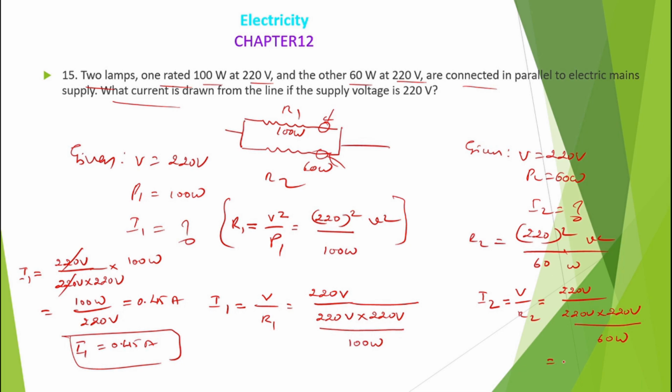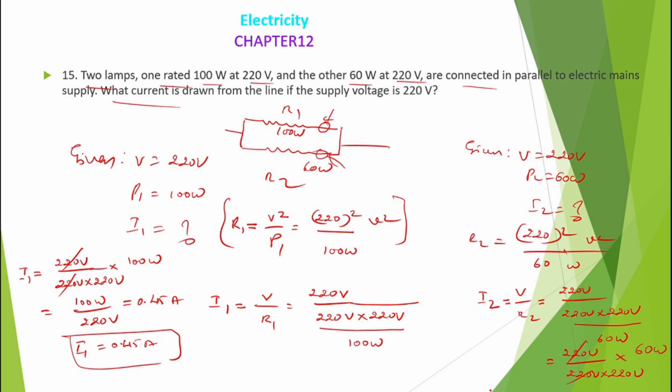So if you simplify this, you will get 220 volt divided by 220 volt into 220 volt into 60 watt.